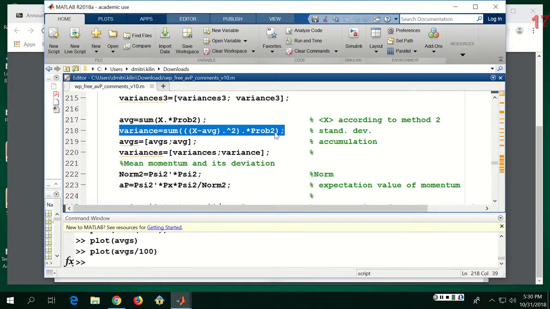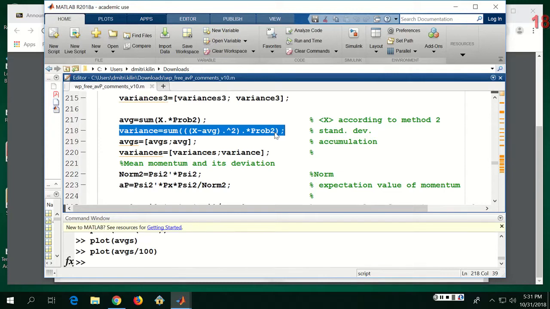So let me invite you to the line number 218. And since any polynomial of position in the position representation will be a diagonal operator, here one practices the same trick. Instead of doing row by column operation, one is just taking psi star psi, which is probe variable, and then multiplies it by the position minus expectation value.